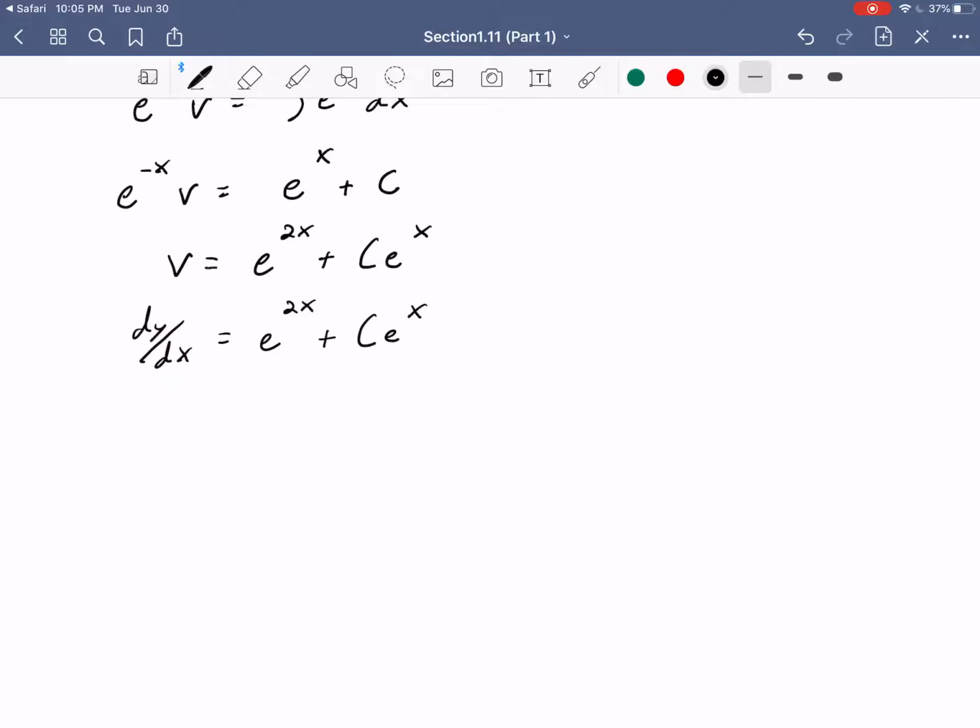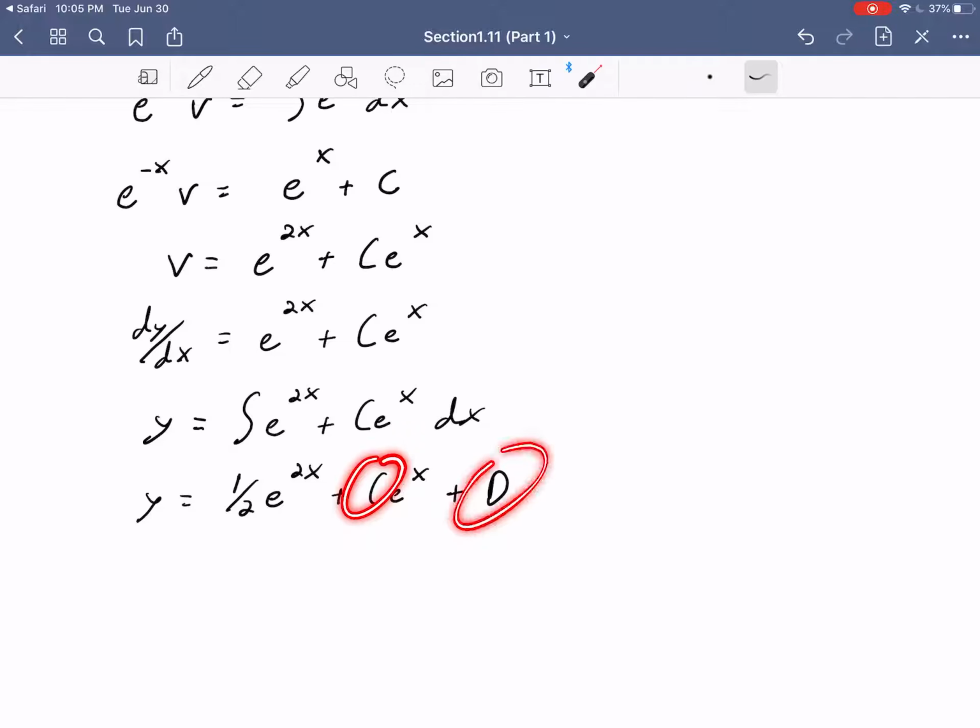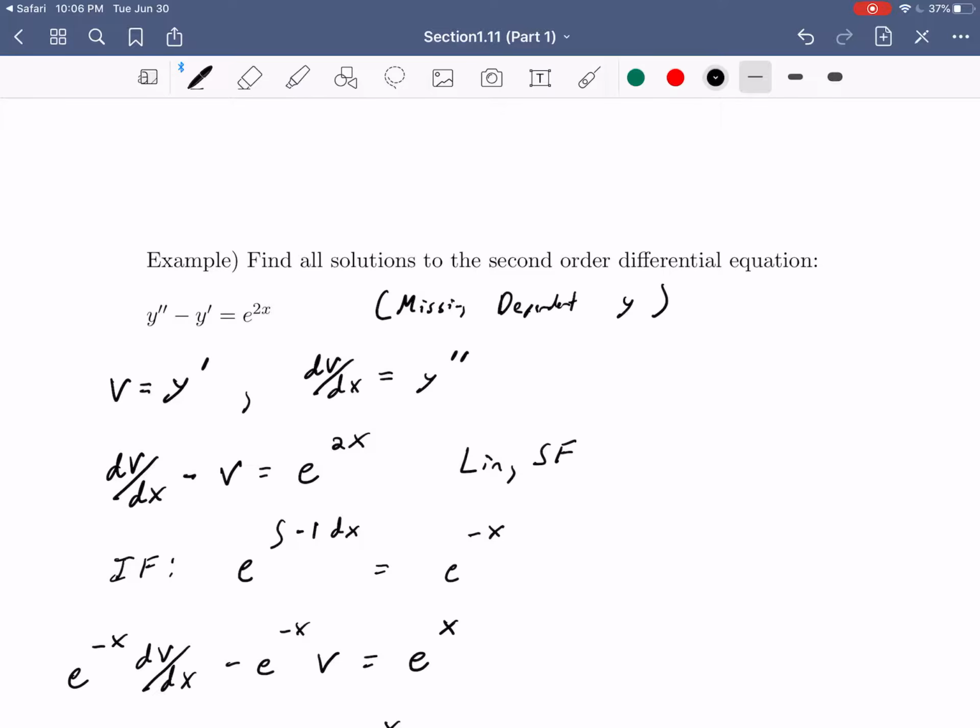From here we can just integrate directly, so y is the integral of e to the 2x plus c e to the x dx. That means y is 1/2 e to the 2x plus c e to the x, and then since we integrated again, another constant of integration. Since these are second order, we expect two constants of integration. And there we go, there's our general solution to this second order differential equation.